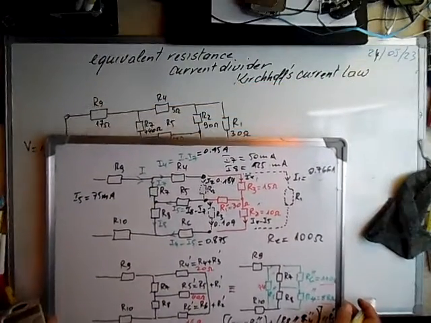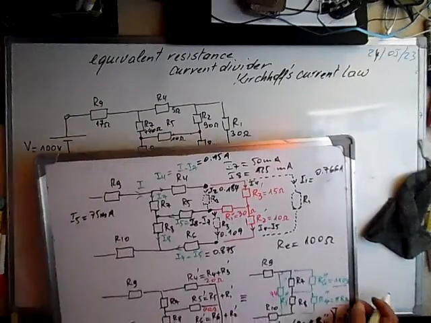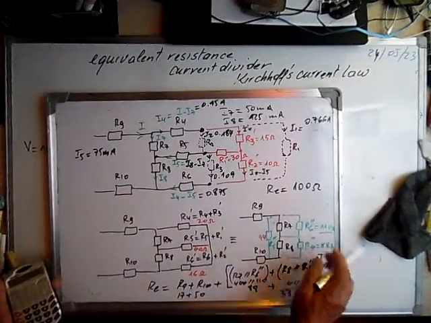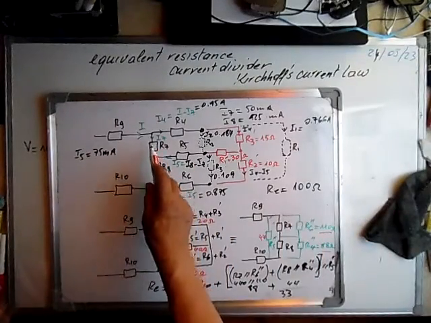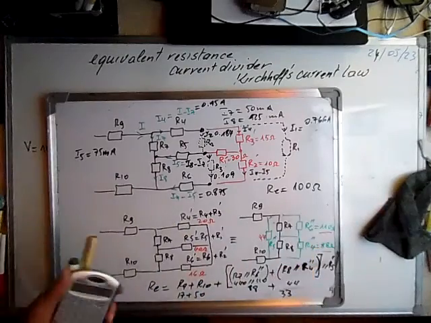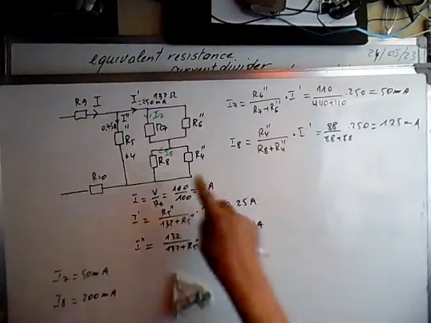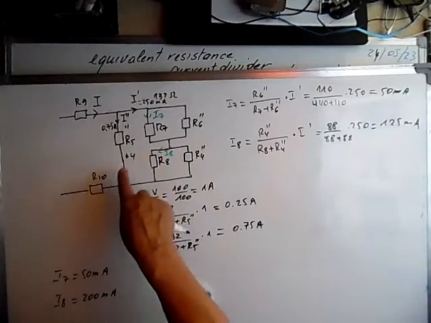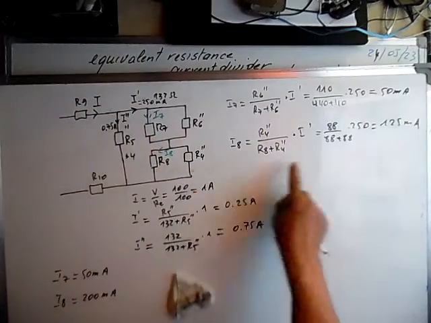We have calculated all the currents using, of course, the current divider, Kirchhoff's current law. We calculated the equivalent resistance. We calculated the main current, so the main current is 100 over 100, and later by current divider we calculated I prime and I2 prime. From this I prime current divider we calculated I7.